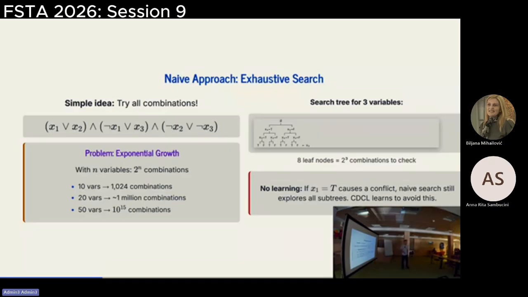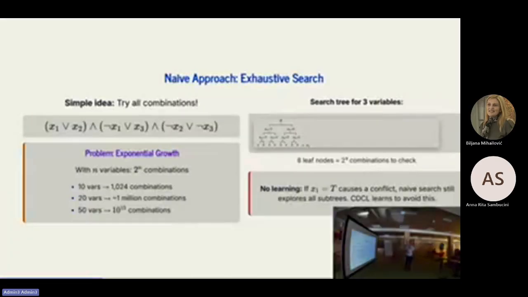For example, for 10 variables, it is over 1,000 combinations, and for 20 variables, it is over 1 million combinations, and so on. So we would like to find some smarter algorithm to solve SAT.